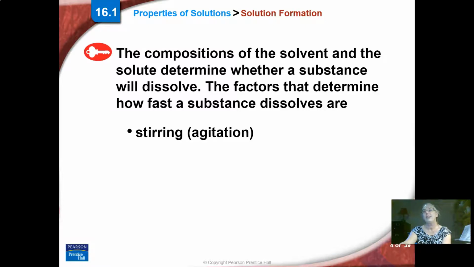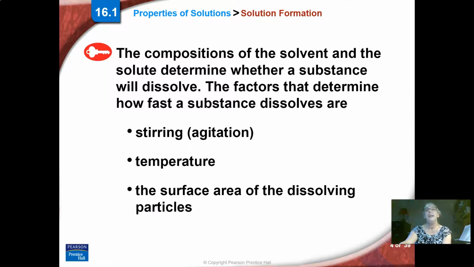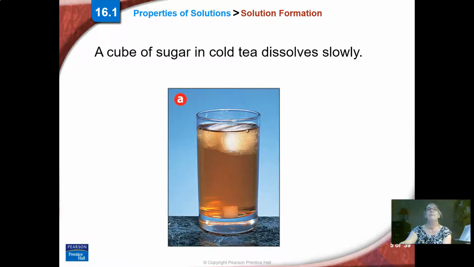That's called agitation, a fancy word in chemistry. The hotter the coffee, the better the sugar will dissolve. That's another factor that affects how fast it happens. And if you compare a sugar cube to a teaspoon of granulated sugar, the granulated sugar will dissolve faster. So those are the three factors that make a solute dissolve faster in a solvent: stirring, temperature, surface area.